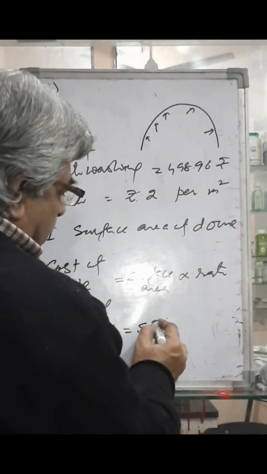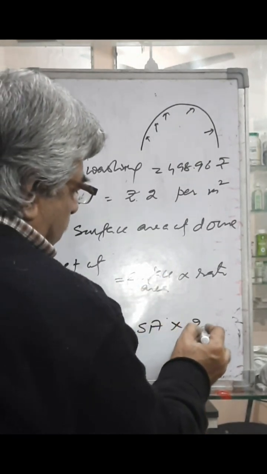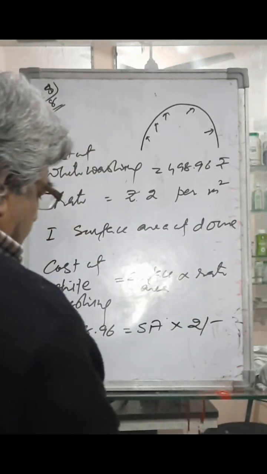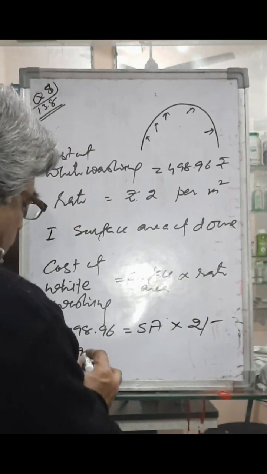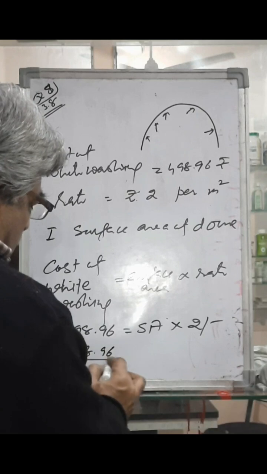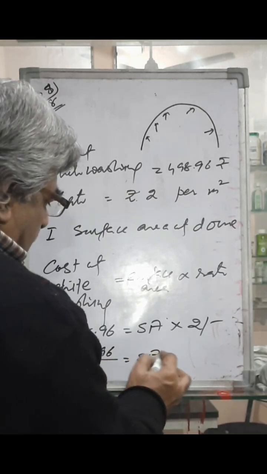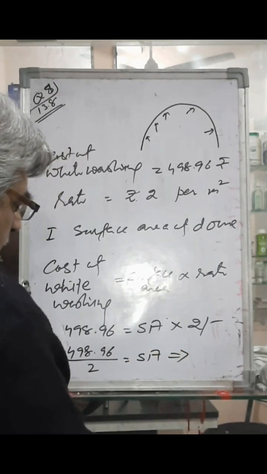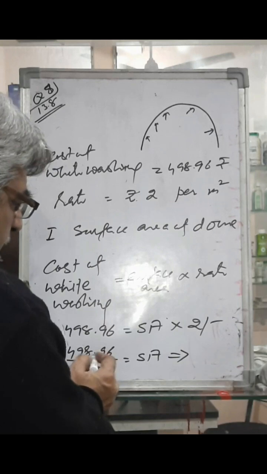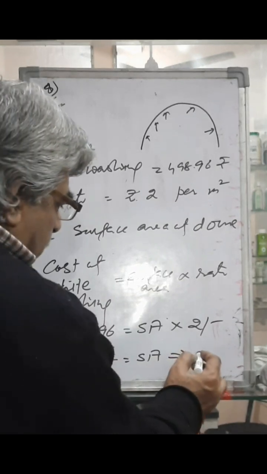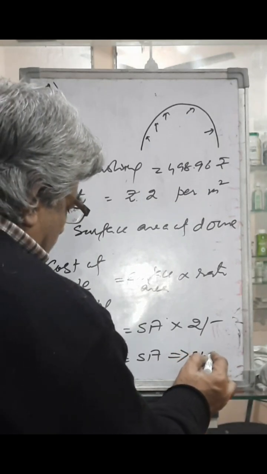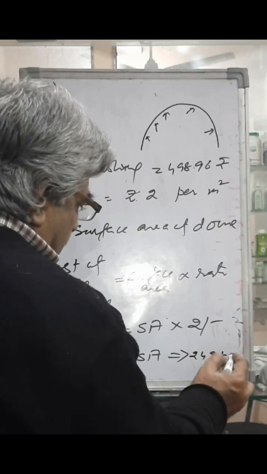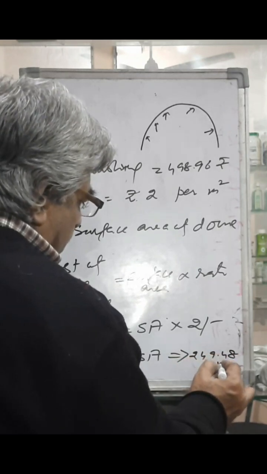Surface area we have to find and the rate is rupee 2 per meter square. So the surface area is equal to, solve this fraction, 249.48 meter square.